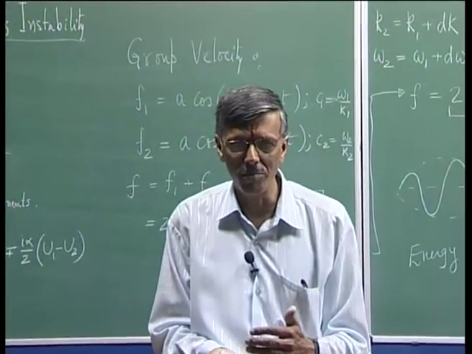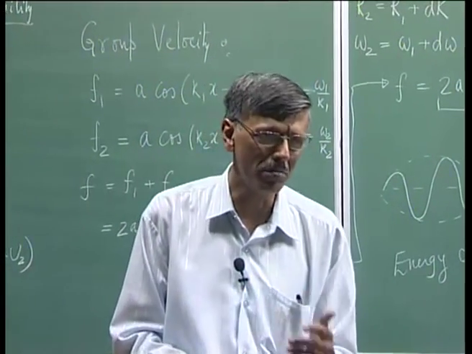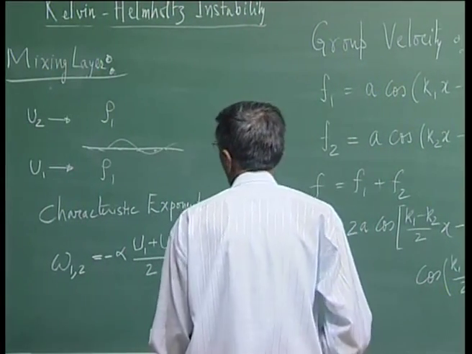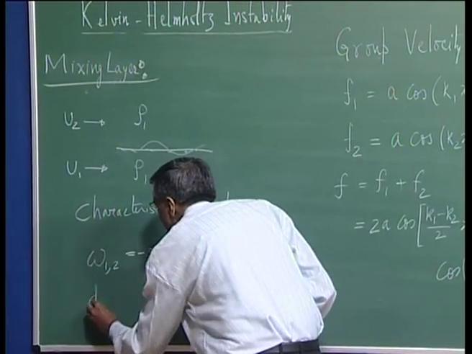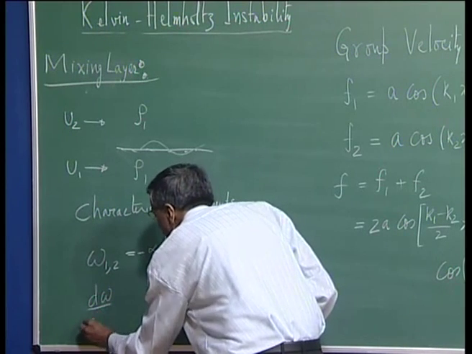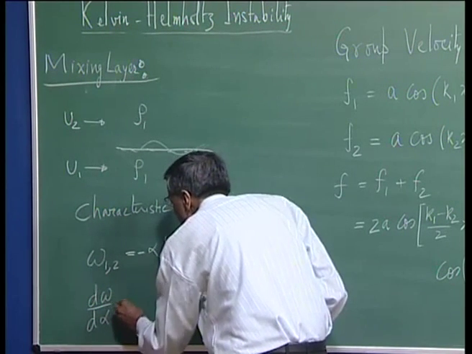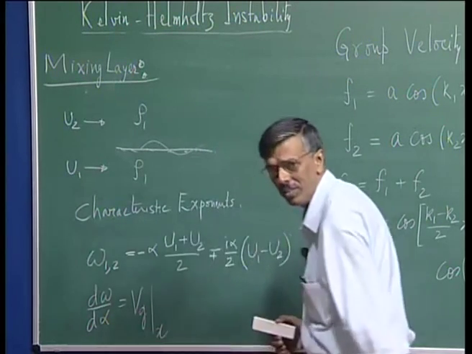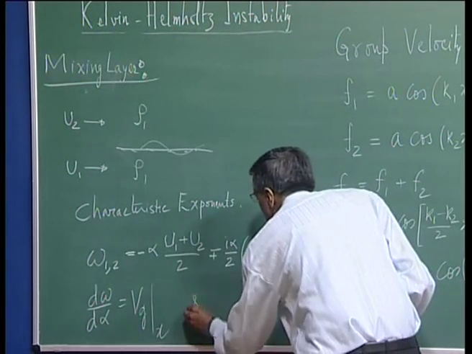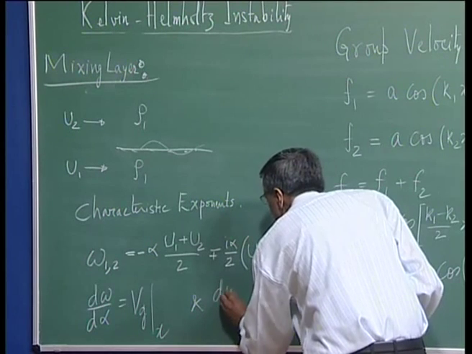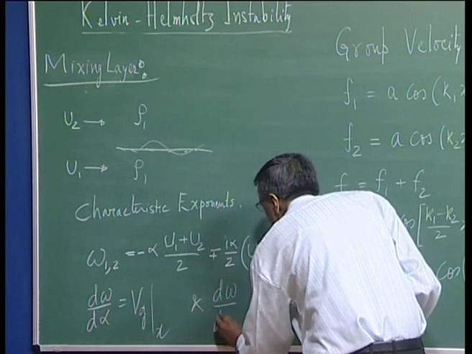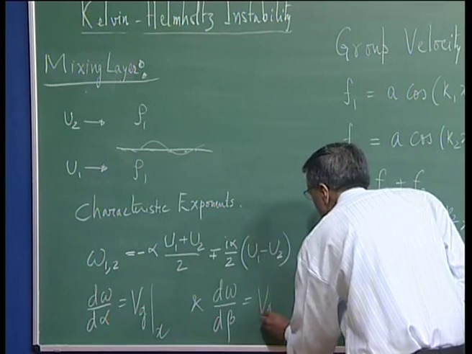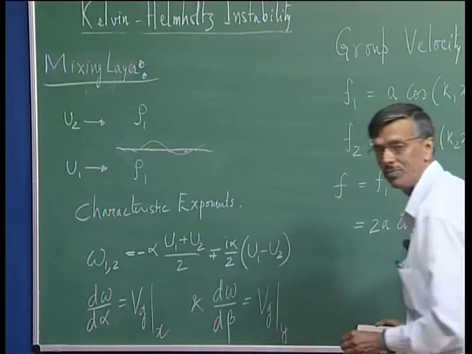And the individual components will be given by the corresponding relation that we are talking about. It should be written as d omega d alpha. That will be the group velocity in the x direction. And if I could get d omega d beta, that will be my group velocity in the y direction.